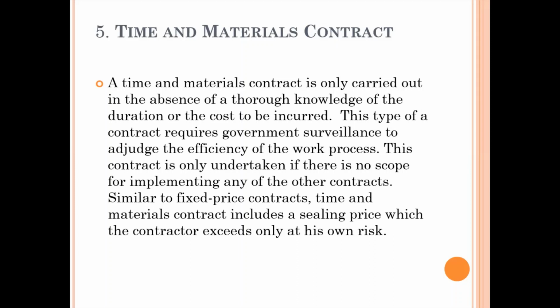This contract is only undertaken if there is no scope for implementing any of the other contracts. Similar to the fixed price contract, a time and material contract includes a ceiling price, which the contractor exceeds only at his own risk. It means there is a fixed ceiling price, and if the contractor exceeds it, it is at their own risk.